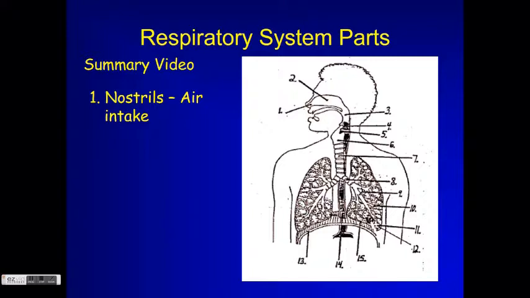But I'm just letting you know that as we work through the notes, number 1 and number 2 and number 3 are in the same order in your notes and in the diagram. First item in your notes, and the first item shown in the diagram, are the nostrils. Nothing special about the nostrils other than that's where air comes in. Certainly air can enter through the mouth, but there are some benefits of breathing through the nose that we'll mention with our next part.